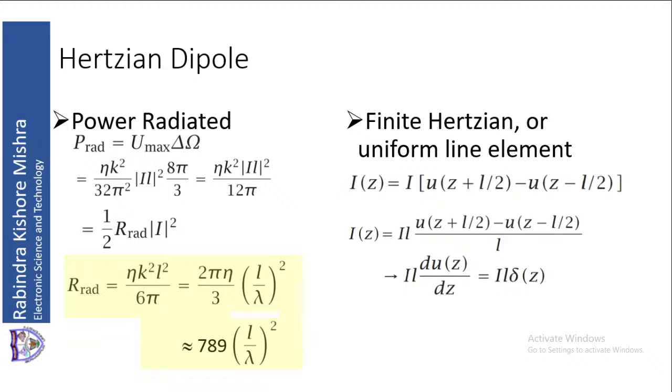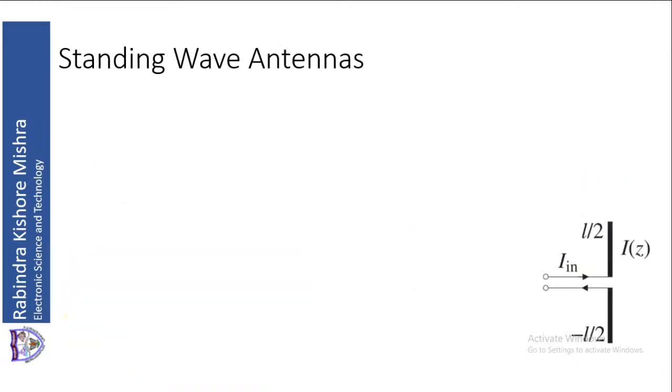So Iz is equal to IL du by dz, and differentiation of the unit step function gives us a delta function. That is a property of the unit step function. So Iz is equal to IL delta z, which we can also write in terms of the unit step function.